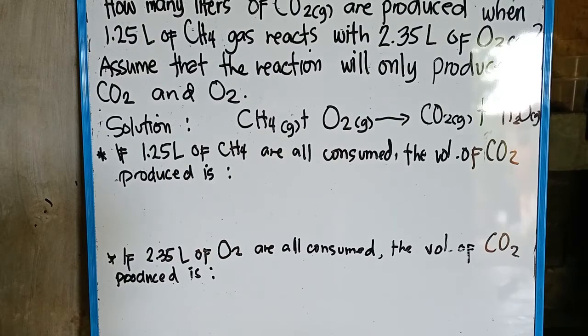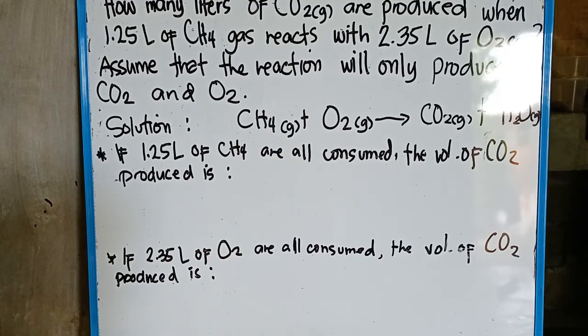For our second example, how many liters of carbon dioxide are produced when 1.25 liter of CH4, or also known as methane, gas reacts with 2.35 of oxygen gas? Assume that the reaction will only produce carbon dioxide and oxygen gas.